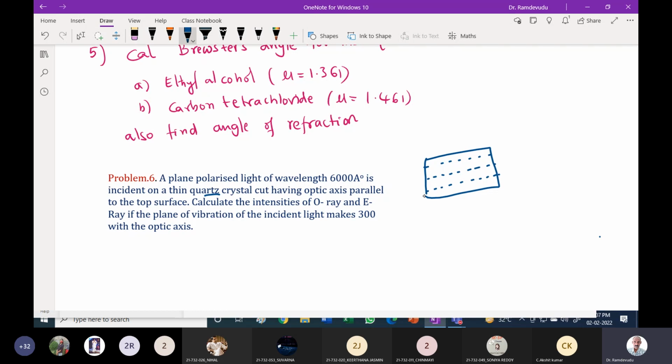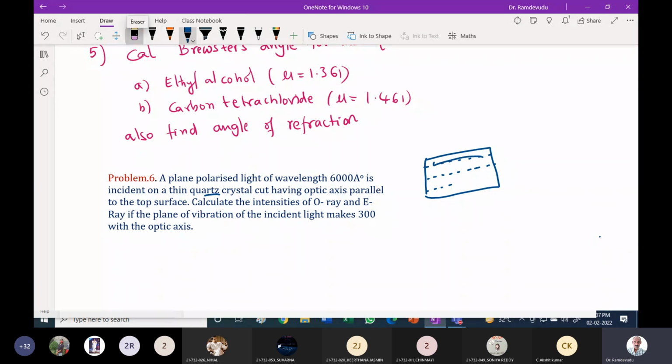Therefore, the light will go and come out of it. That's what we have seen in the earlier classes also. So it is on the top surface of the axis.